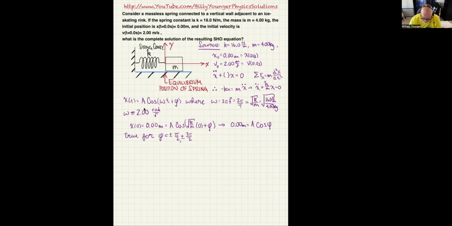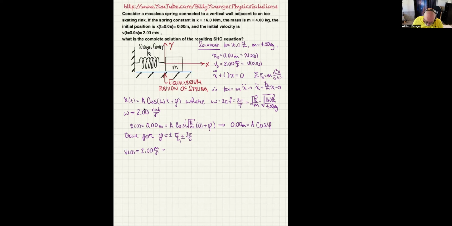I'm leaning towards taking the negative pi over 2, but we'll look at what the velocity initial condition gives us to decide that. Now we know v of 0 is equal to 2.00 meters per second, and it did say 2 as opposed to negative 2, so that means it's in the positive x direction. This is equal to the derivative of x of t.